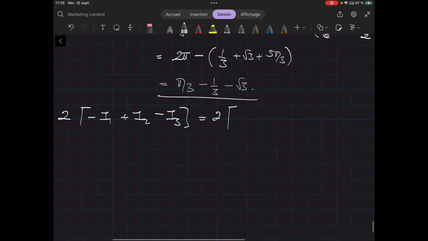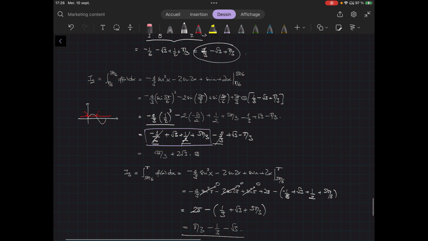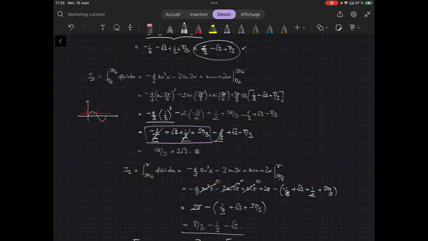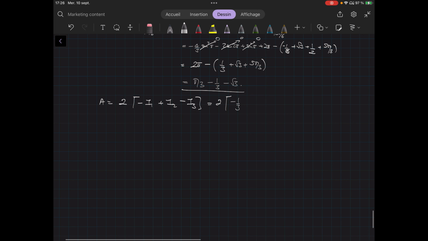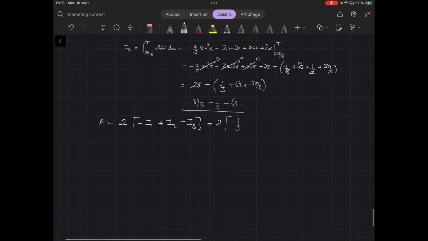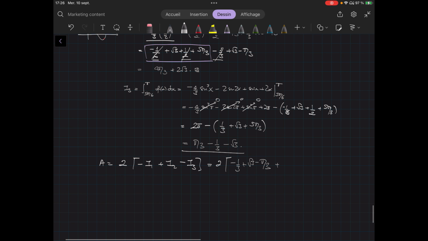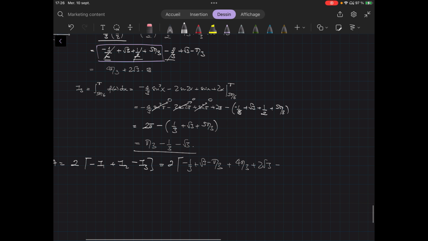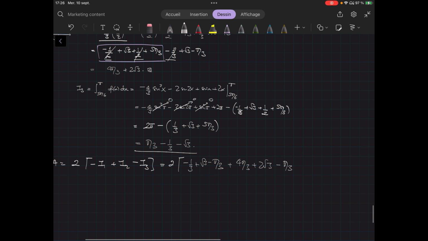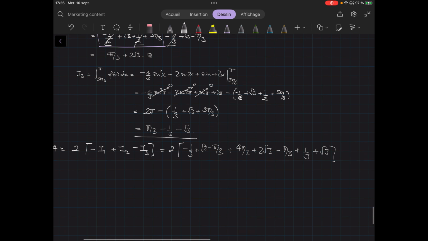So, minus I1, minus 1 by 3 plus root 3 minus pi by 3, plus I2, 4 pi by 3 plus 2 root 3 minus pi by 3, minus I3, pi by 3 minus 1 by 3 minus root 3.